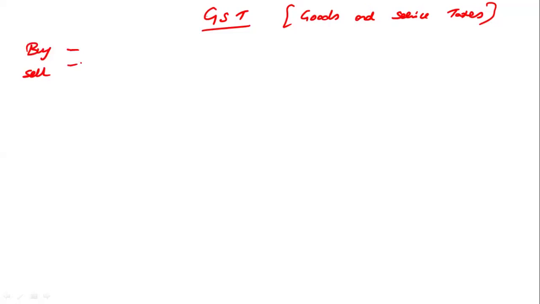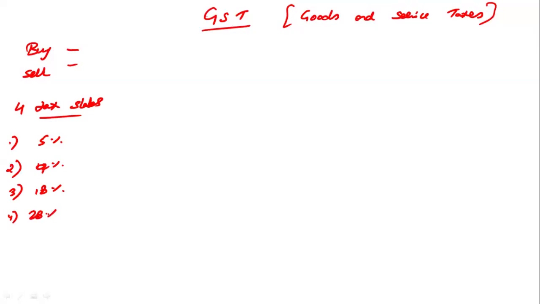The 4 tax slabs in GST are 5%, 12%, 18%, and 28%. These tax slabs depend on the different categories of material and services we buy. Based on that, the tax slabs get decided for each and every material.